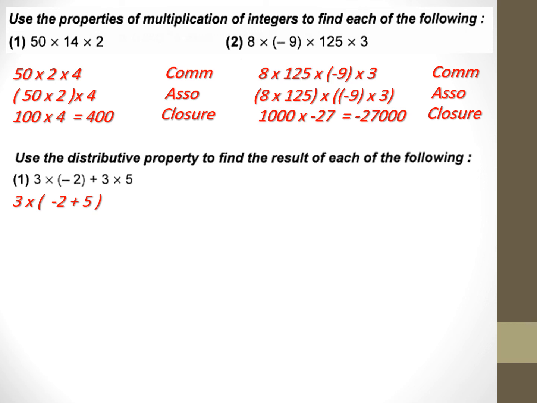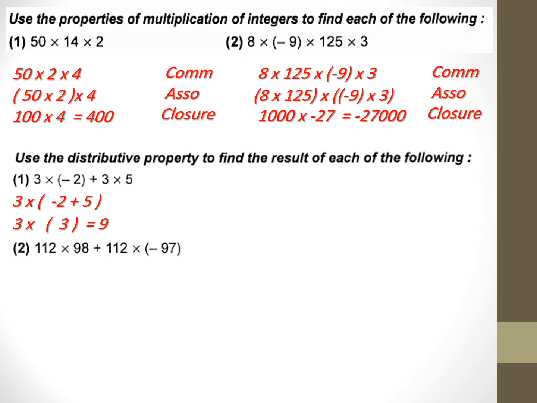We will take a common factor from them, 3 times, and we will open a bracket. We will put in it the remaining integers. It will be 3 times negative 2 plus 5. Negative 2 plus 5 equals 3. Then it will be 3 times 3 equals 9.